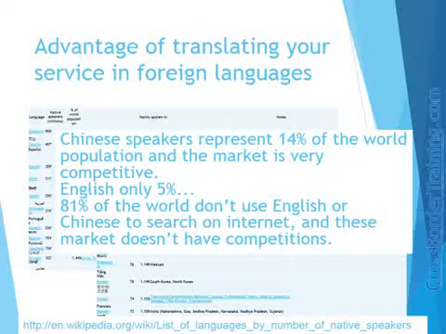So if you just want to attack the foreign market with 5% of the population, you will not go far. And the competition is very hard on the English market because everyone goes on the English market. So you should not focus on the English market. Just to see, the Chinese market is already 3 times bigger.